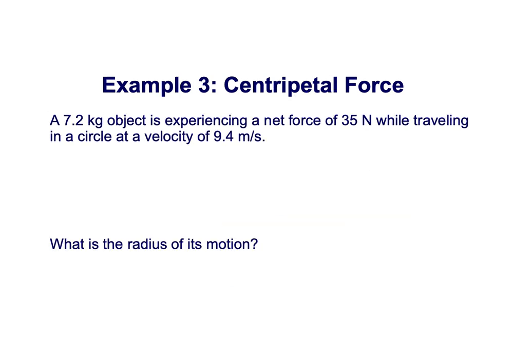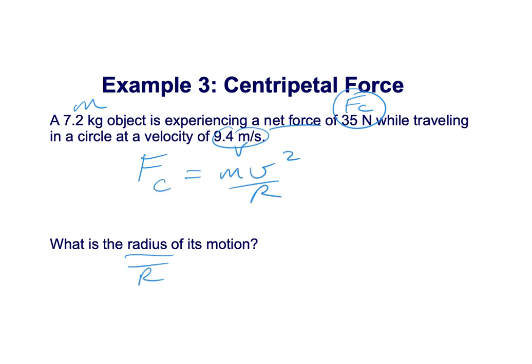Here we have the same idea. We got m, we got net force, which is centrifugal force, and we got the v. And what's the radius of the circle? So Fc equals mv squared over r. Cross multiply.